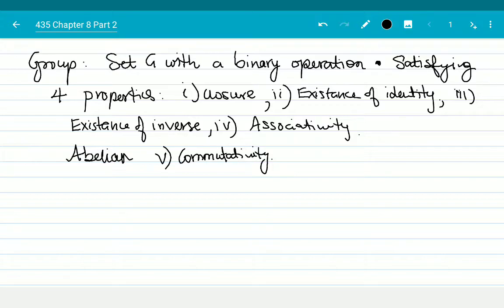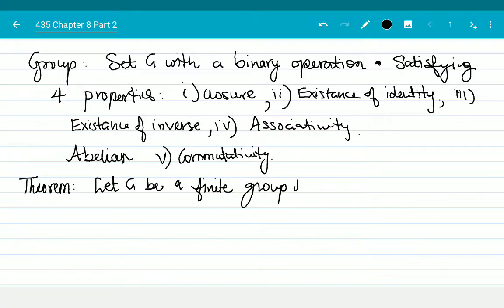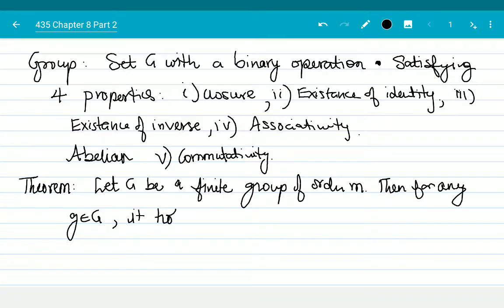slash Euler's theorem, slash a theorem that said: let G be a finite group of order M. Then for any g belonging to G, it holds that g to the M is equal to 1.